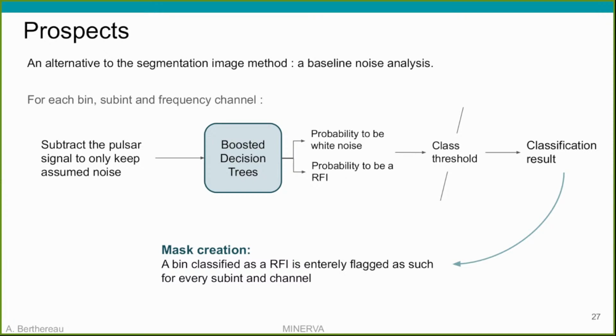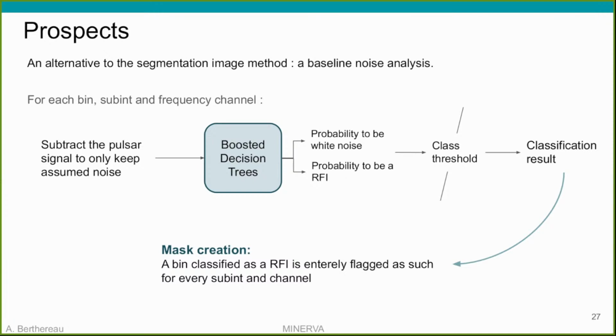And as output, you will have the probability that this signal is only white noise or an RFI. You will then apply a threshold to determine if it's RFI or white noise, and then you can classify this part of the observation.